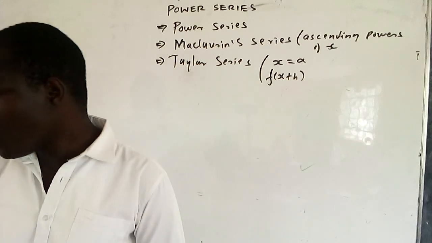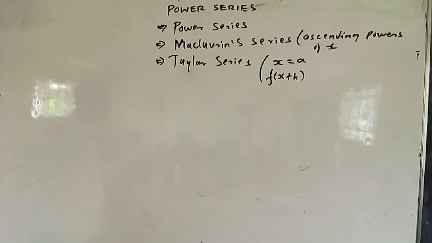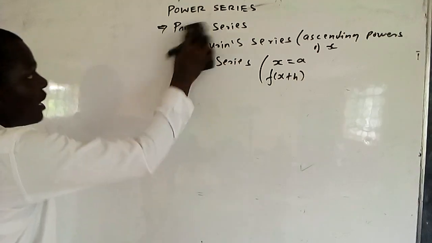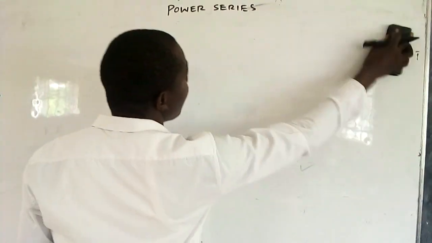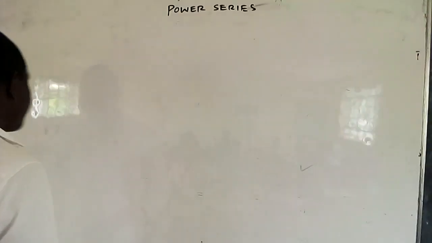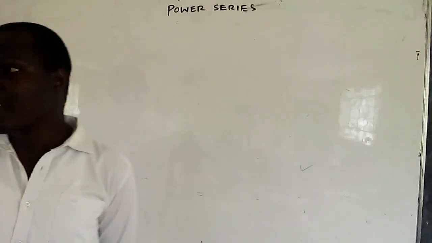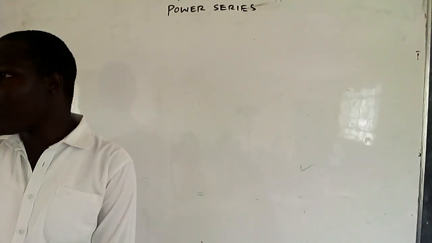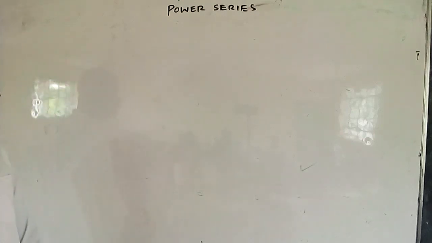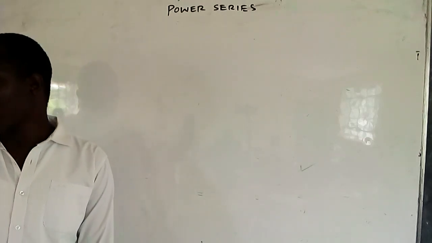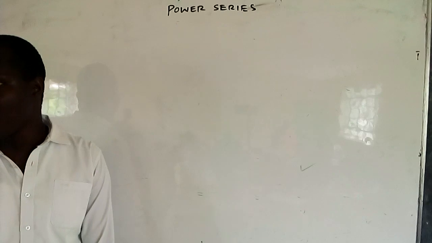So the first thing, we want to see what is a power series by definition. A power series is coming from a polynomial function. We say an algebraic expression with exponents, variables, and coefficients is referred to as a polynomial, isn't it?